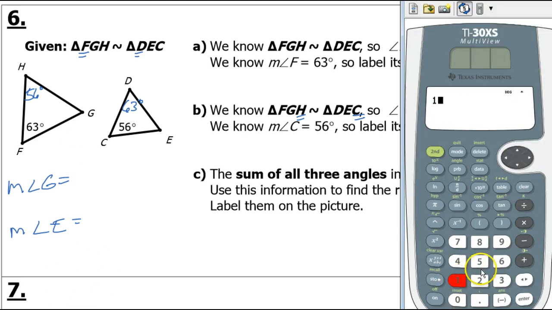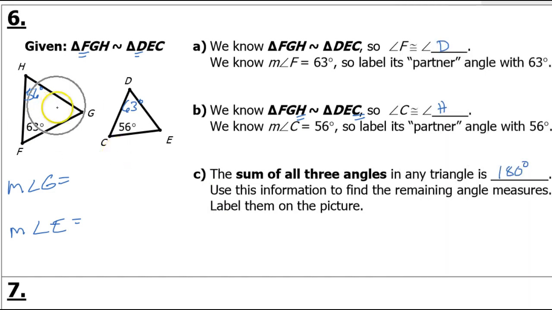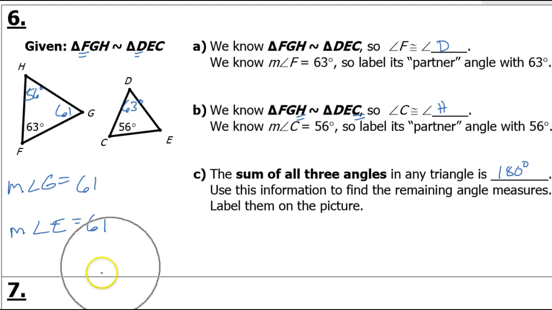So if I do 180 minus 56 and 63, that's 61. Okay, so angle G is going to be 61. Alright, which means that angle E has to also be 61 degrees.